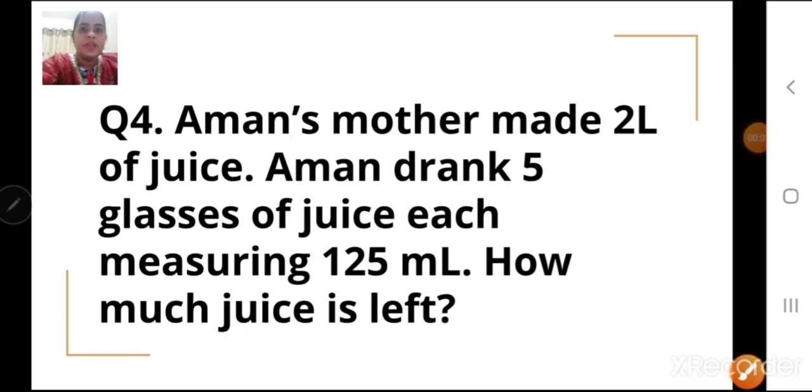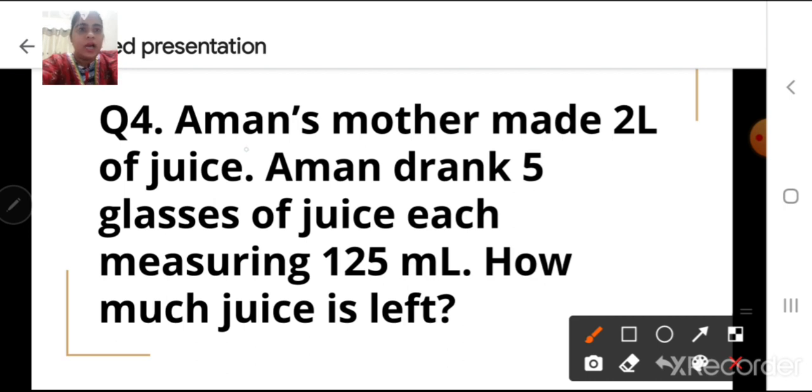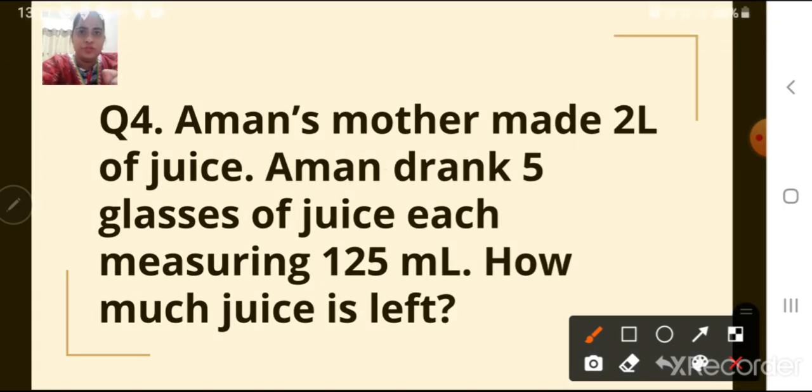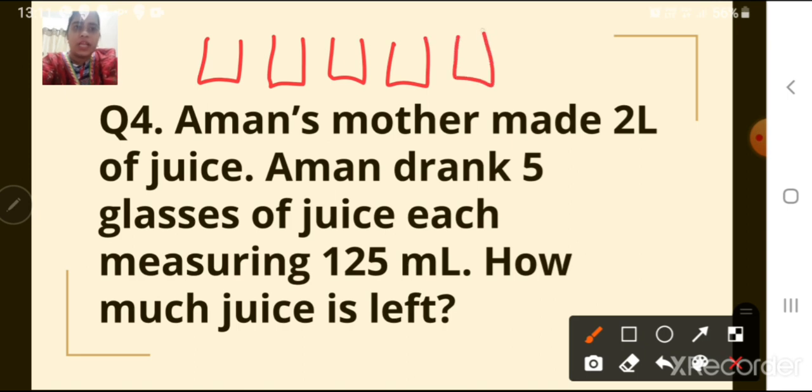So we have to find out how much juice is left in the jar. So children, let us understand what the question is. Aman's mother made 2 liters of juice. He drank 5 glasses of juice, each measuring 125 milliliter. Now Aman drank 1, 2, 3, 4 and 5 glasses. They have given each measuring 125 ml. Remember this.